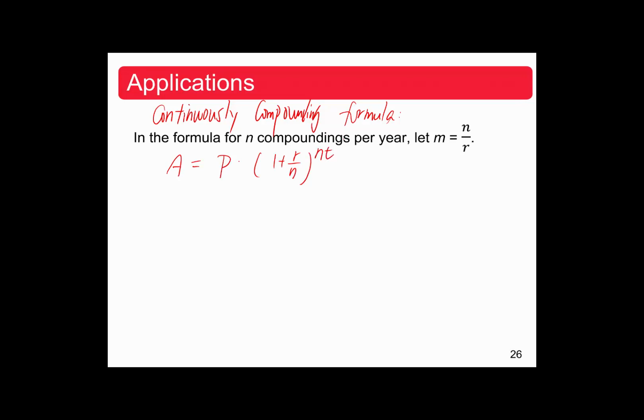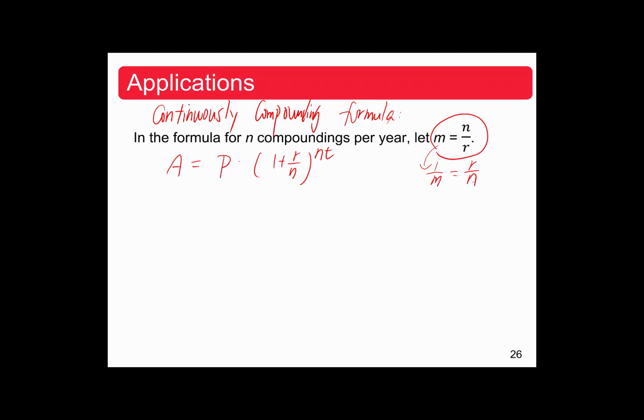Now we're going to assume m equal to n over r. So let's see what r over n is. That means 1 over m, the reciprocal of m, becomes the reciprocal of n over r, and that's r over n.